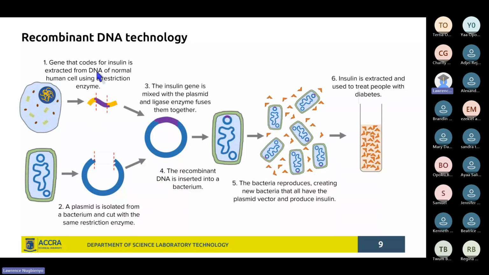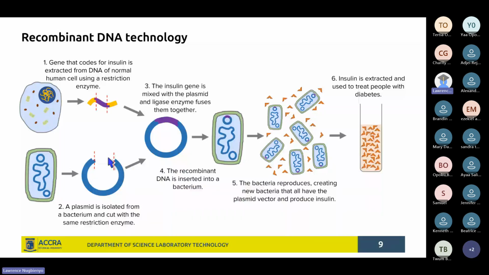Now, that gene, with the use of some restriction enzymes, is obtained, let's say, from a human cell, and is then introduced into the plasmid, that is the nucleic material of the bacterium.